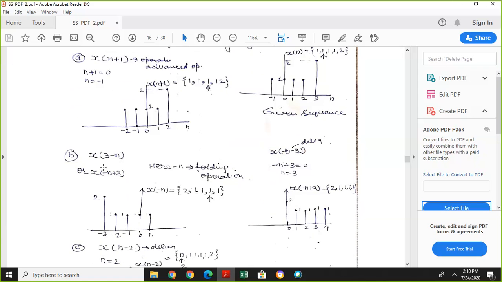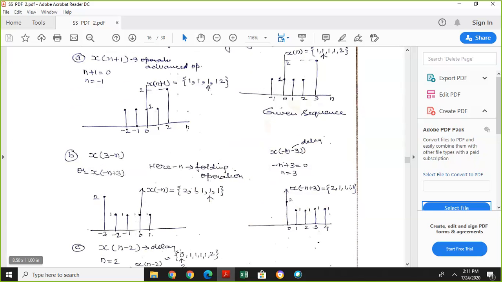In the next example, you have to find x of 3 minus n. This is the original signal, and here you have to find out what is the value of x of 3 minus n. First you write this as x of minus n plus 3. This is x of n. So what will x of minus n be? Simply the mirror image of this signal. Take the mirror image of x of n about the y-axis.